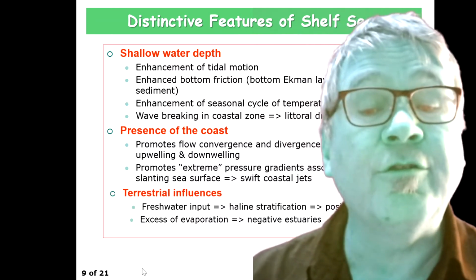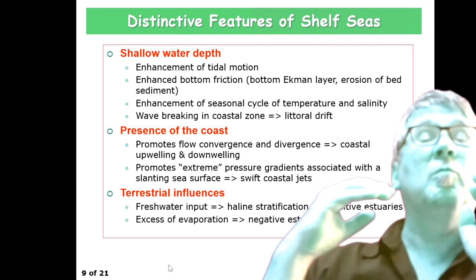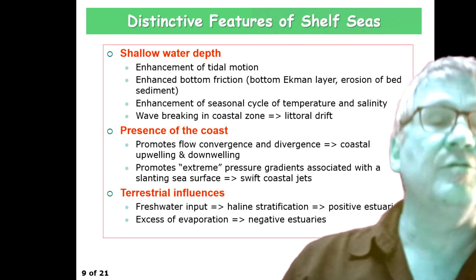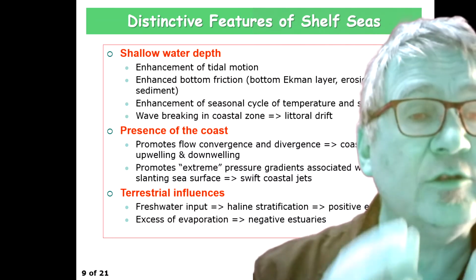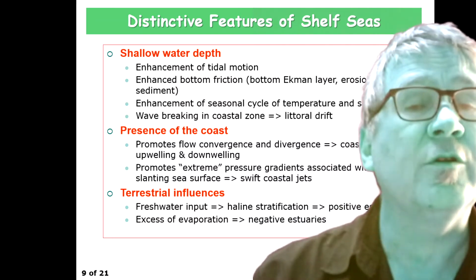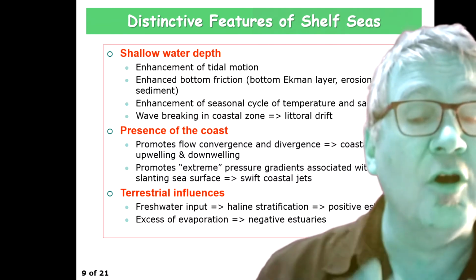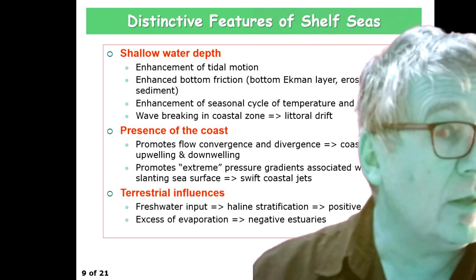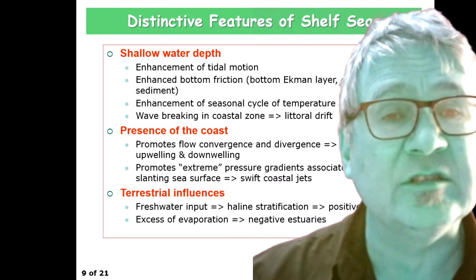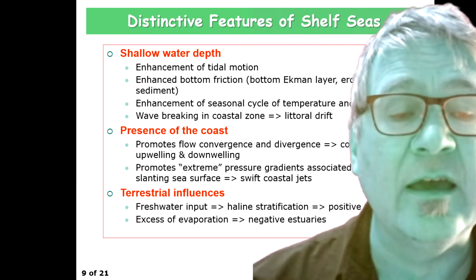Okay, and then the third point we have is what I call terrestrial influence, and that's to do with the freshwater input through positive estuaries, where you get a haline stratification, a salinity stratification.